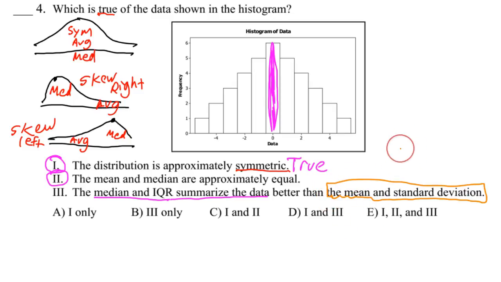So as a reminder, the mean and standard deviation should always be used to summarize the data when you have a symmetric distribution. Your median and IQR summarize the data better when it's a skewed distribution. Well, we are not dealing with a skewed distribution, so number 3 is just false. So that means we need Roman numeral 2 and Roman numeral 1, so C is our best option.